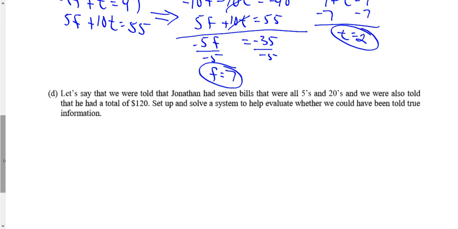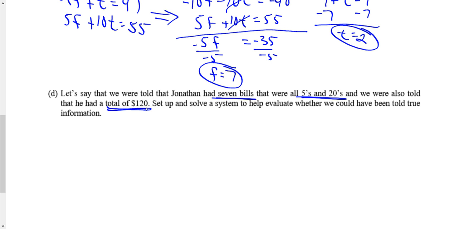So now we're told that instead of 9 bills, how many bills does Jonathan have? 7 bills. Now they're what? 5s and 20s, right? So maybe we could still use a T for 20. And we're told that he has a total of how much in his wallet? $120.